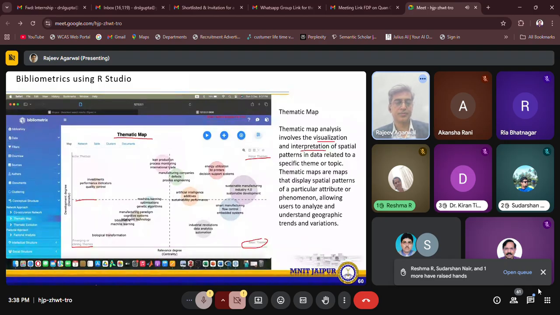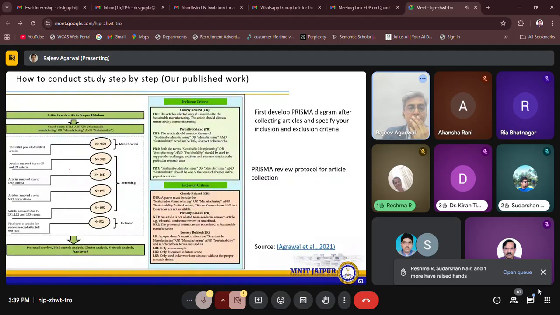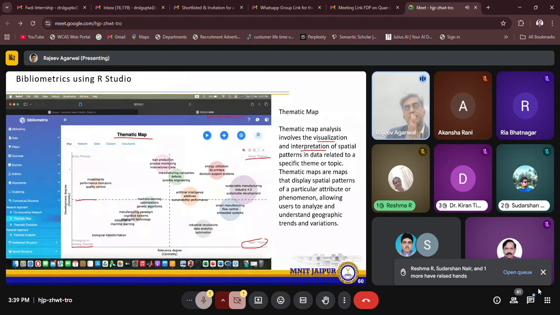And so till this particular time we have understood how to use VOSviewer and how to use RStudio.